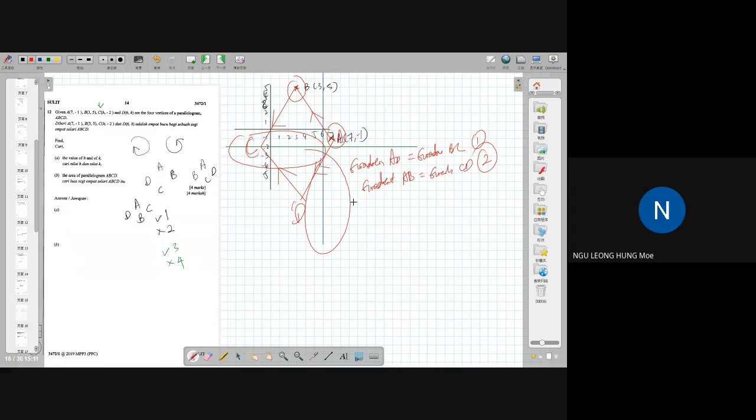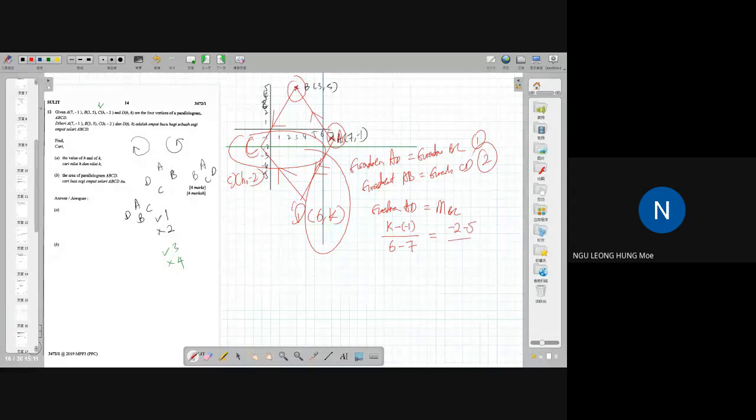So D will be (6, K) and C is (H, -2). So gradient AD equal to gradient BC. So (K minus -1) over (6 minus 7) equal to (-2 minus 5) over (H minus 3).